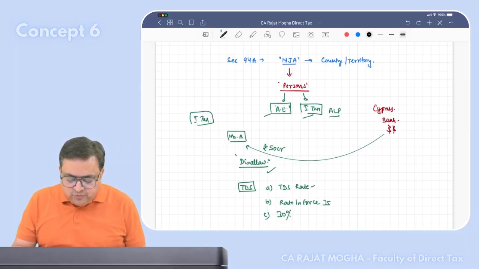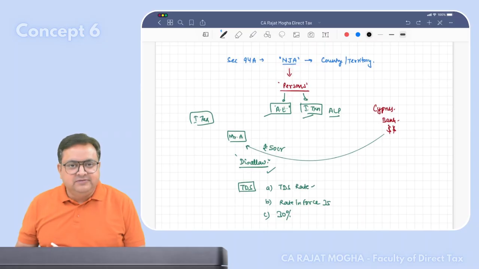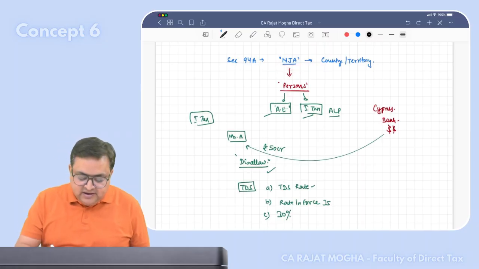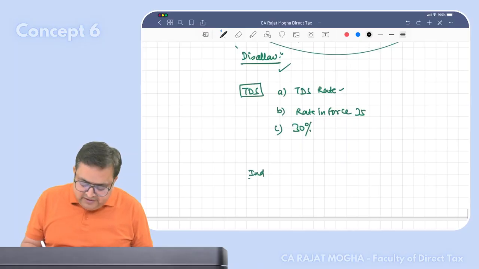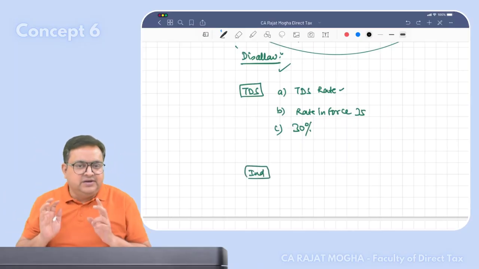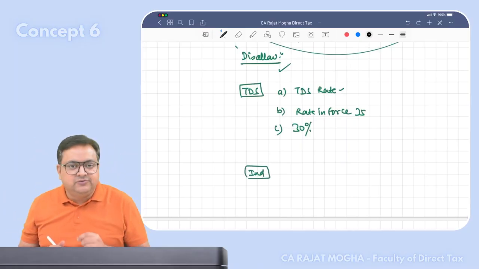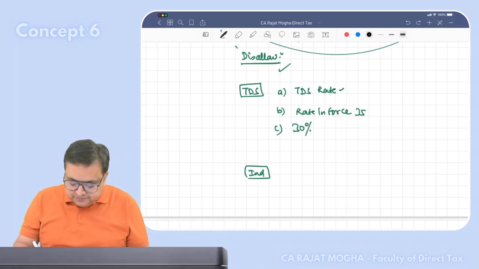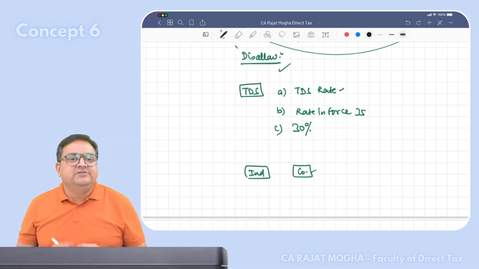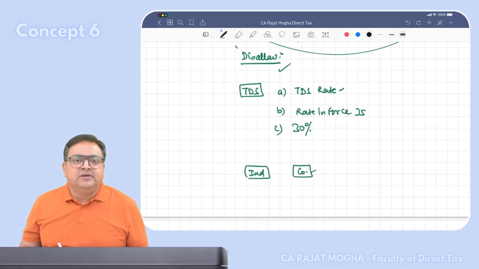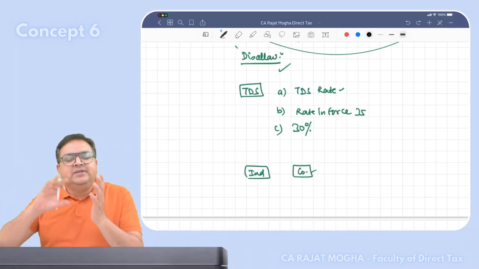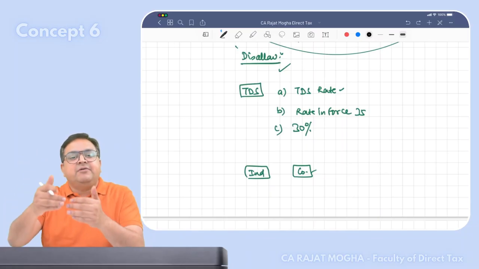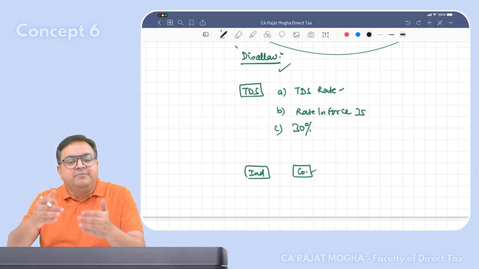Now, if you do any type of transaction with a person who is there in NJ, let's say, for example, you are doing a transaction with an individual, an individual who is a resident of that NJ, that person would be an associated person. Or let's say there is any company which is registered in NJ, that is also a person located in NJ. Or let's say, for example, there is a company in US, but they have a PE in NJ, for example, they have a PE in Cyprus.